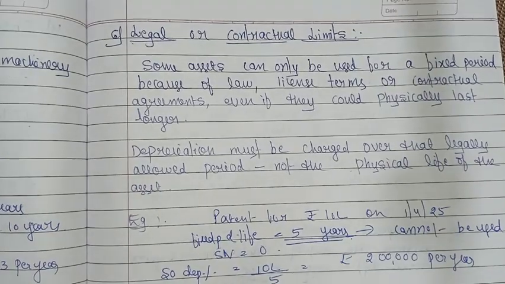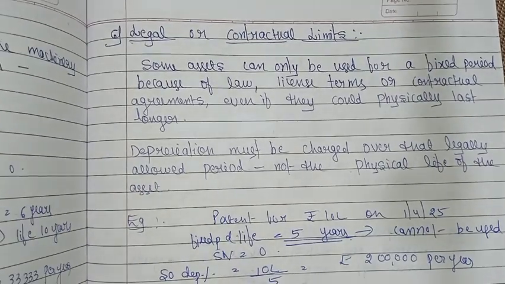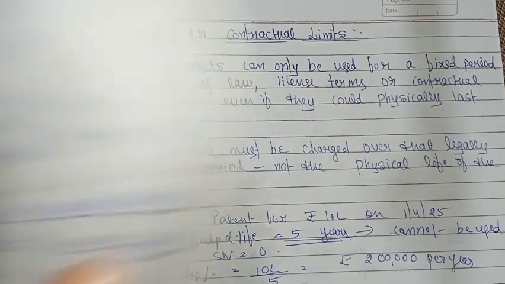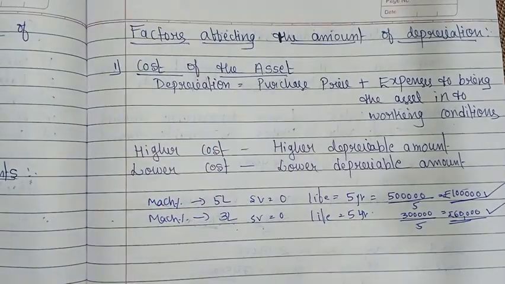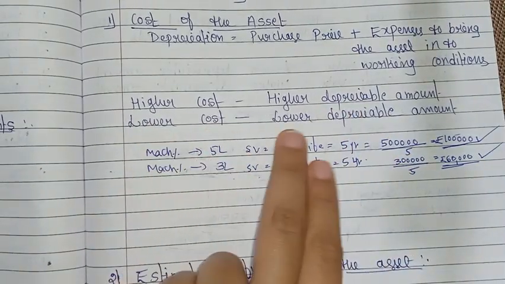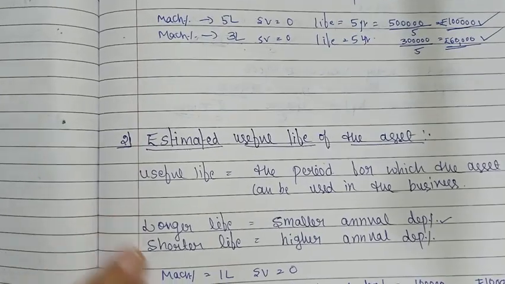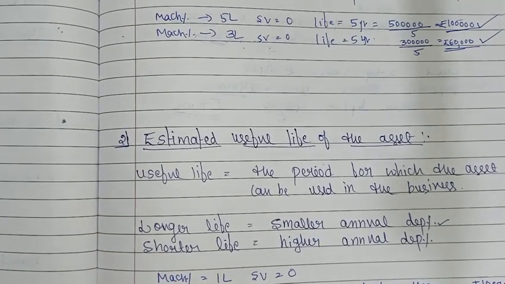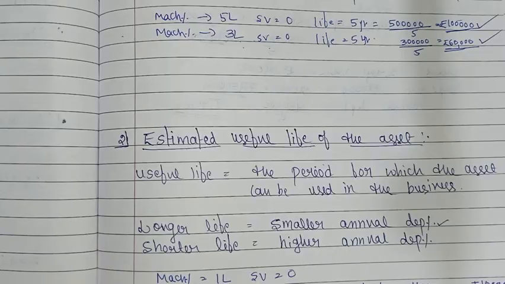So the factors affecting the amount of depreciation: the first is the cost of the asset. Higher cost means higher depreciable amount, and lower cost means lower depreciable amount. Then the estimated useful life: longer life means smaller annual depreciation and shorter life means higher annual depreciation.